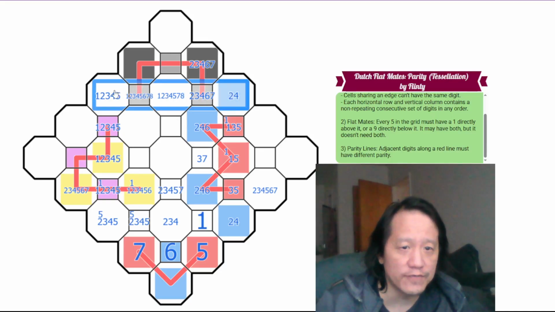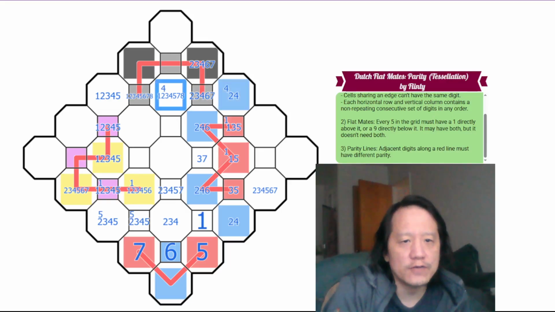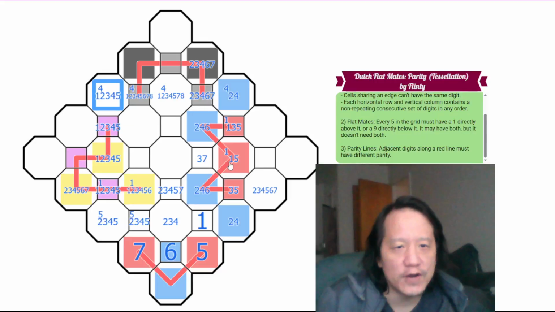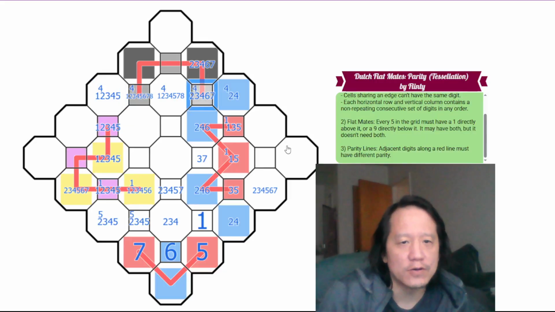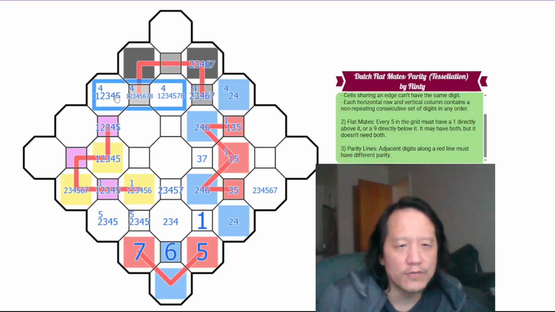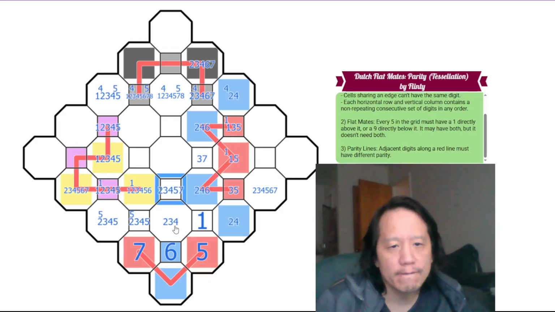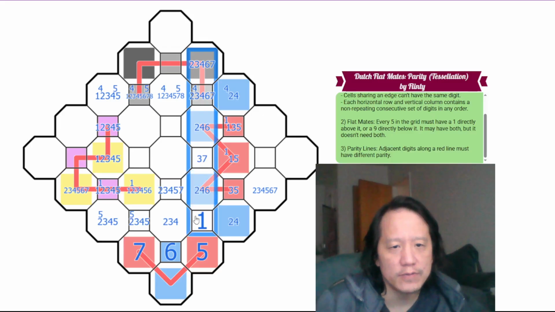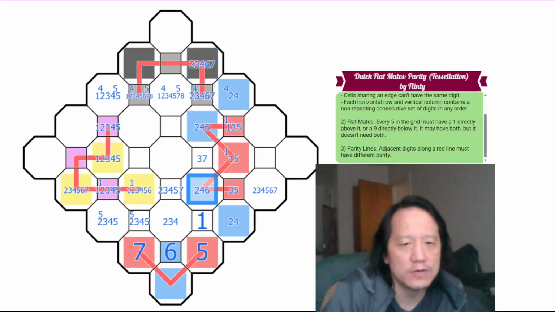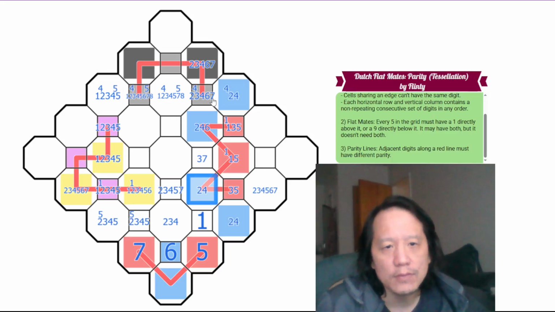So we're guaranteed a 4 here and a 5 here. So 4 could obviously be any of these. 5 has to be... A 4 could even be here. 5 would have to be one of these 3. Whatever digit's here has to be here for this column. So this has to be 2 or 4, because it basically shares an edge with all of these.